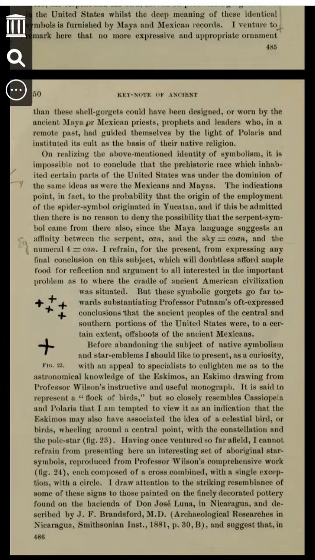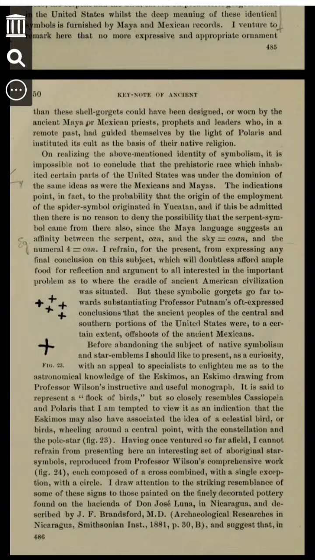Before abandoning the subject of native symbolism and star emblems, I should like to repeat as a curiosity, with an appeal to specialists to enlighten me as to the astronomical knowledge of the Eskimos, an Eskimo drawing from Professor Wilson's instructive and useful monograph.